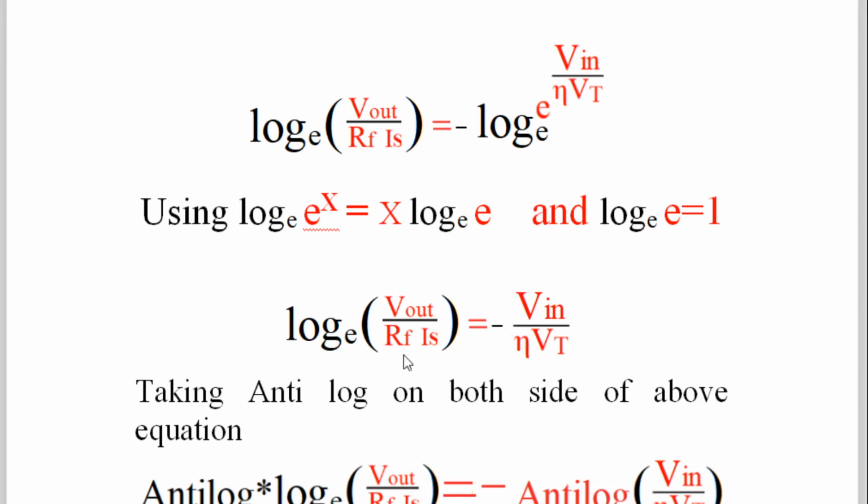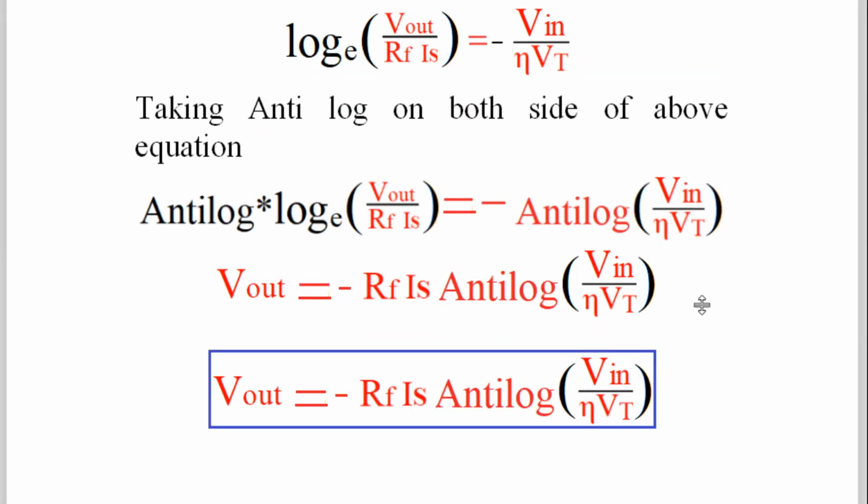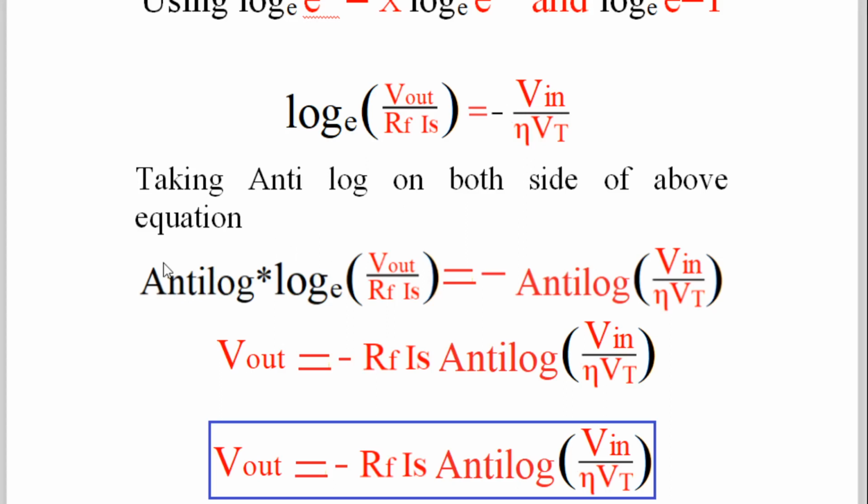Now our target is to prove that output voltage is proportional to antilog of V in. So now let us take the antilog on both sides of this equation. Then your job is very simple now. Antilog of log to the base e, antilog and log will get cancelled.